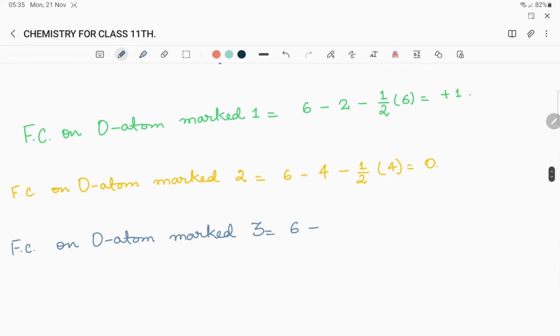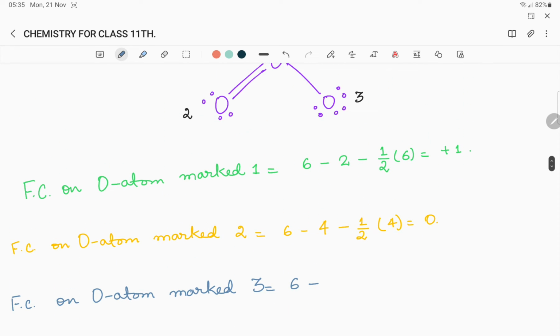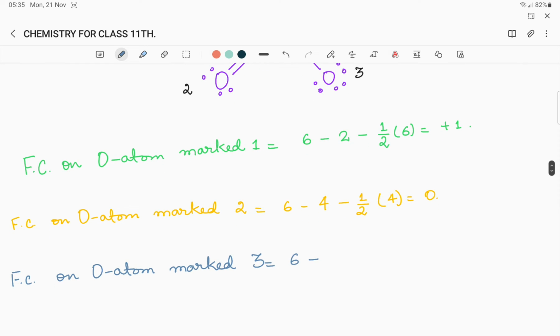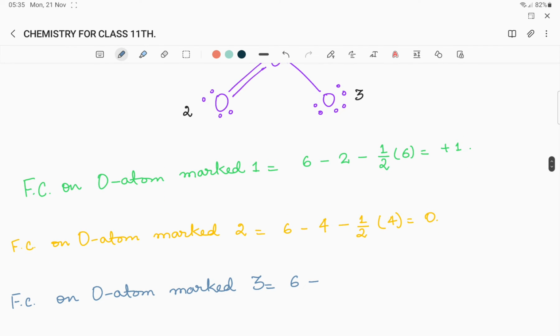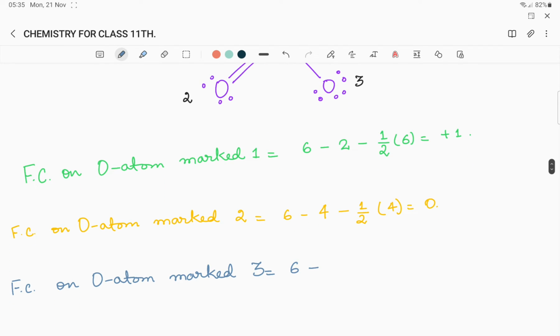See, oxygen has atomic number 8, so its electronic configuration is 2, 6. The last shell contains 6 electrons, that's why the free valence electrons are 6. Minus non-bonding electrons, which here are 6 because there are 3 lone pairs. Then 6 minus half of the bonding electrons: a single bond is there, so 2 electrons, so it comes as minus 1.